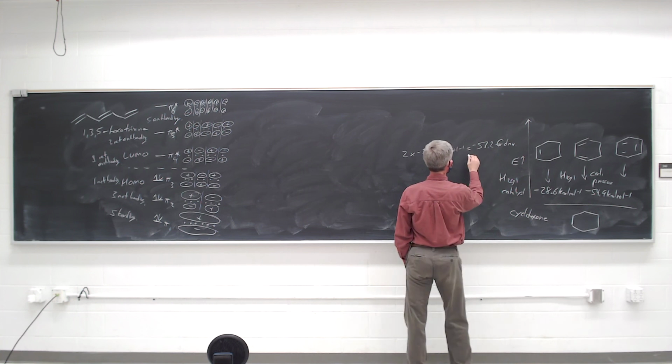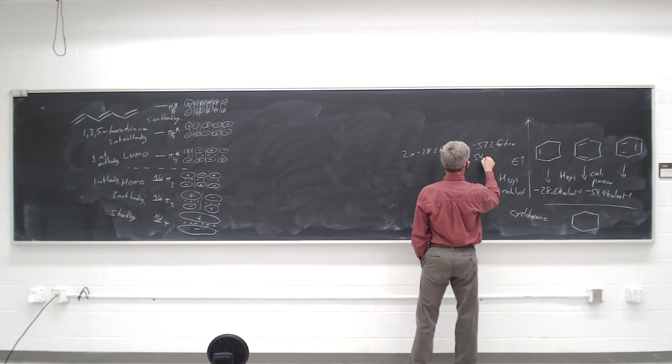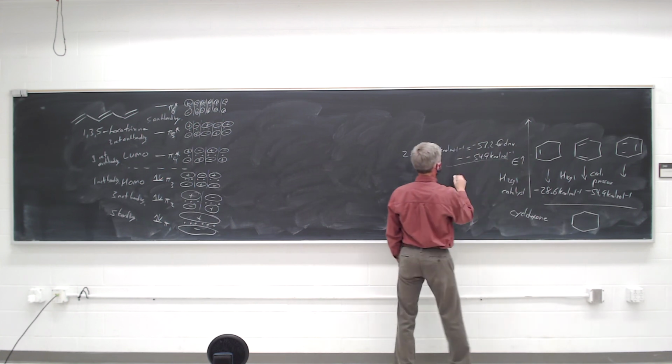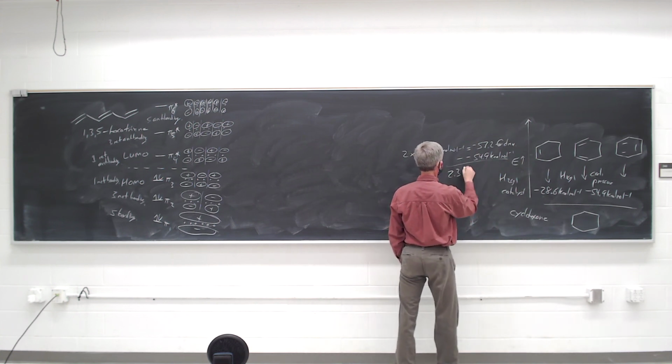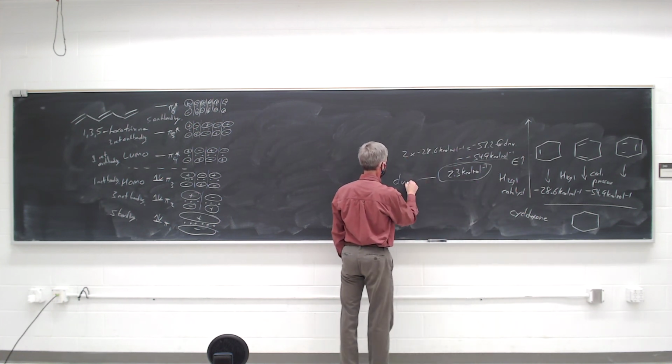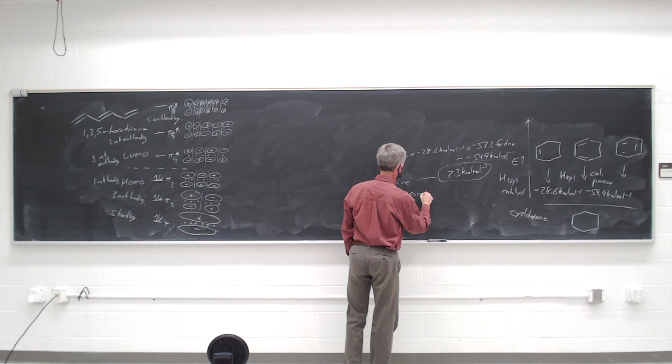So the difference between these two, which is 2.3 kilocalories per mole, is due to conjugation.